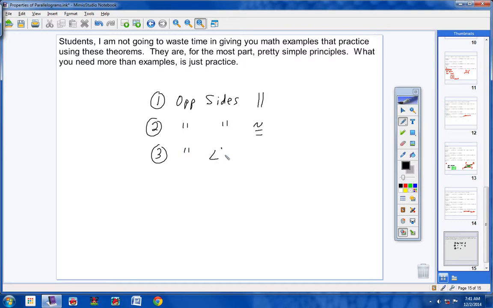Opposite angles are what? Congruent. Consecutive angles are what? Supplementary. And the diagonals do what to each other? They bisect each other.